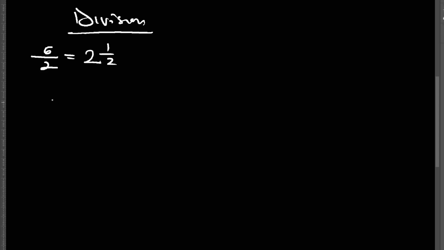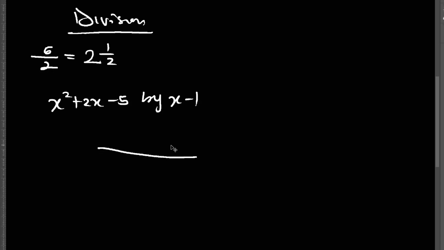Let's say I gave you the polynomial x squared plus 2x minus 5, and I asked you to divide it by x minus 1. How are you going to go about this? This is quite simple. We're going to use long division to find the quotient and the remainder of this polynomial.